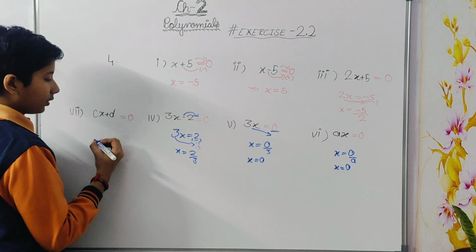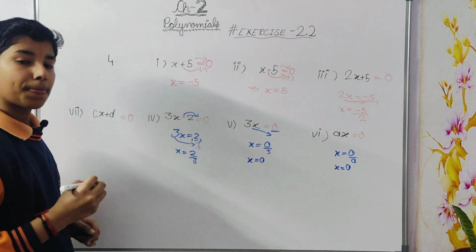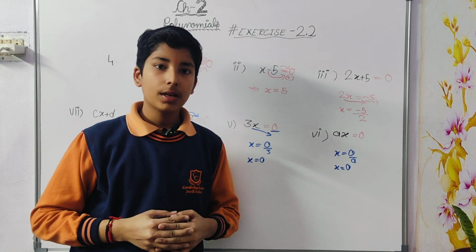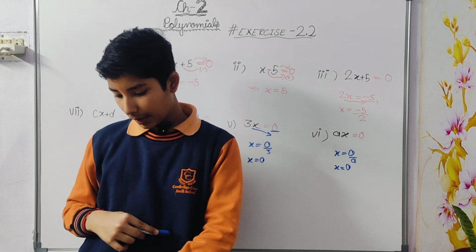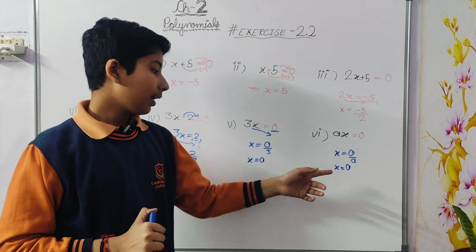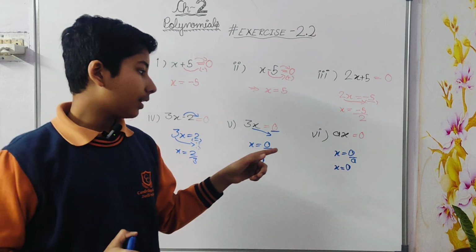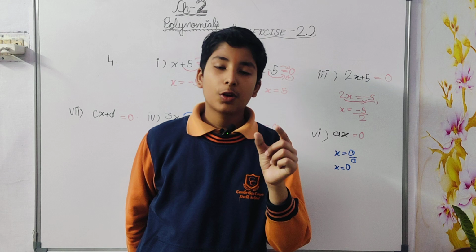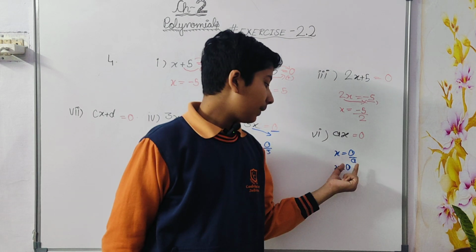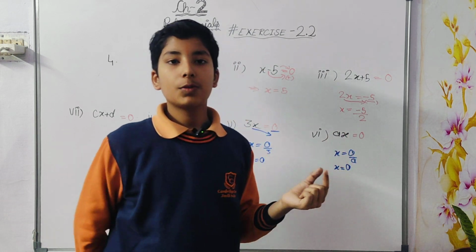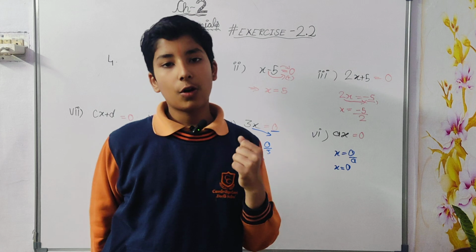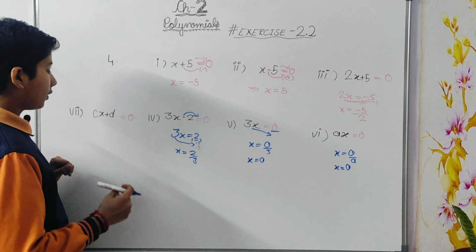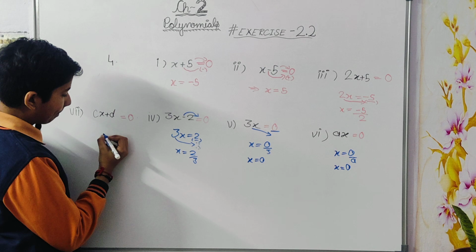Now our last question. Cx plus d. So what are d and c over here? They are real numbers. It has been given there. And in this one question, it is already given that a is not equal to 0. If a would be 0 and the above also would be 0, the answer would be not defined, because 0 cannot be the denominator.